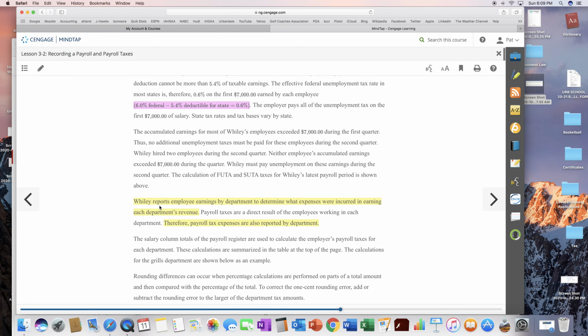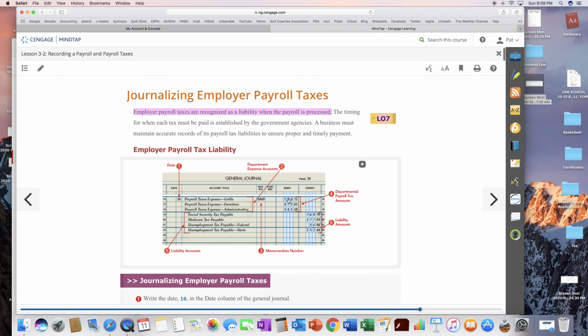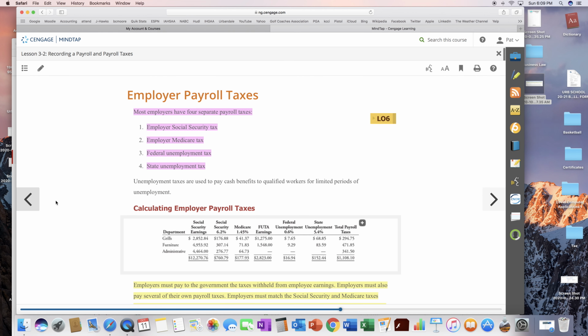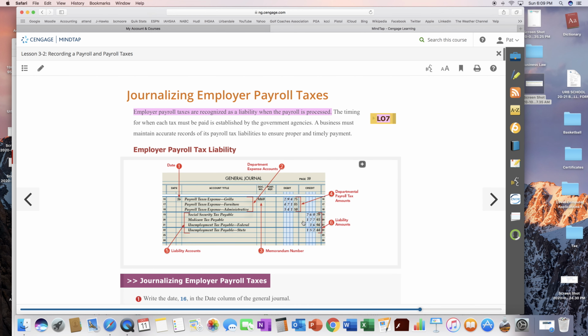If you remember up here, these figures we had in the table, total payroll taxes. You go back here, and now you've got these numbers. All right, and then you figure these out from the tables as well. When you look, Social Security tax total 760, and you come over here, 760. So you got these numbers from that table.